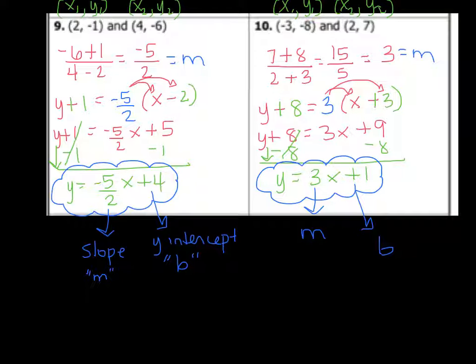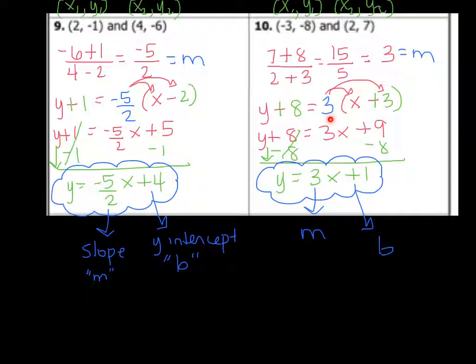Okay? For number 10, I asked myself, how do I get from negative 8 to positive 7? That would be up 15. How do I get from negative 3 to positive 2? That would be up 5. Then 15 divided by 5 is 3. So m, or my slope, is 3.